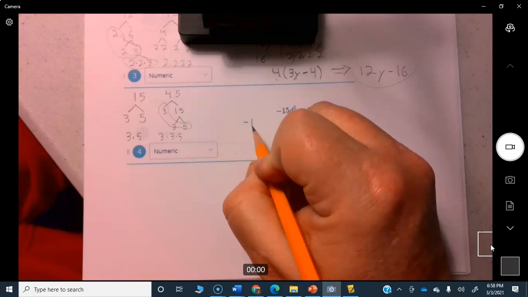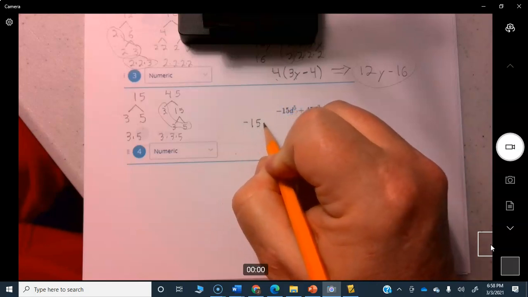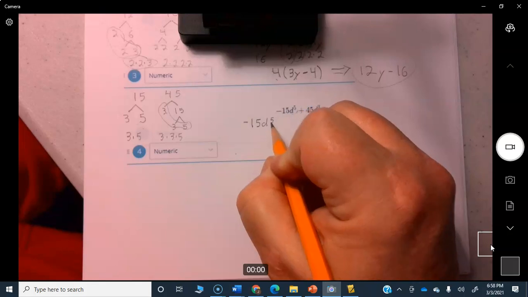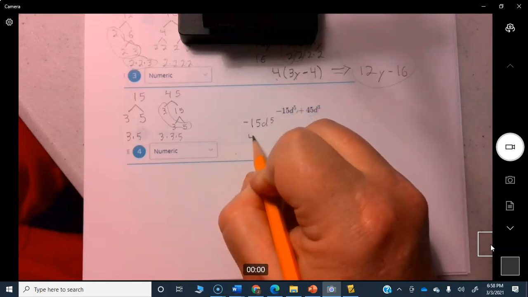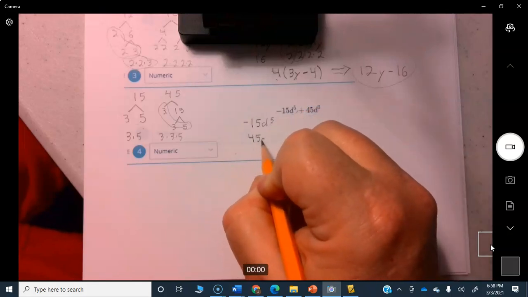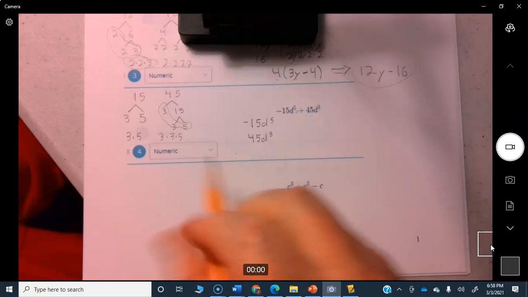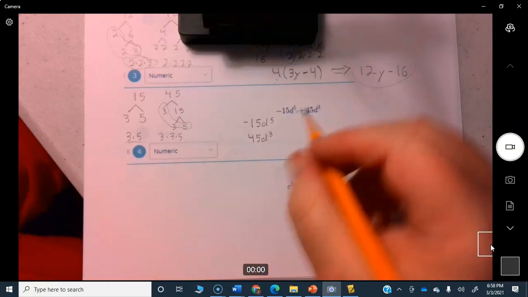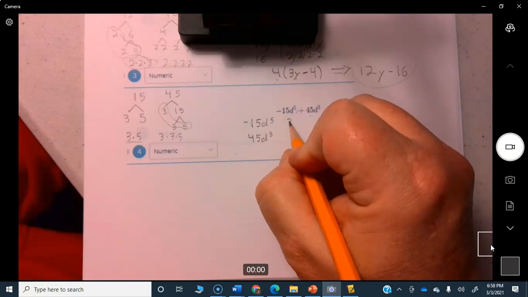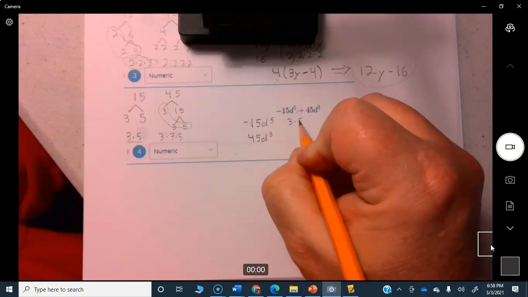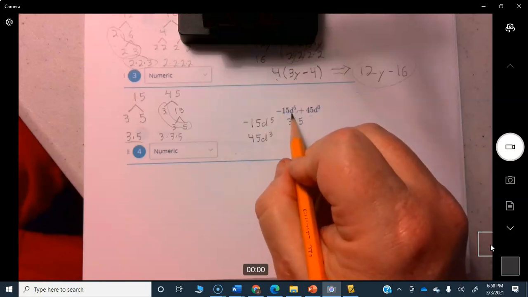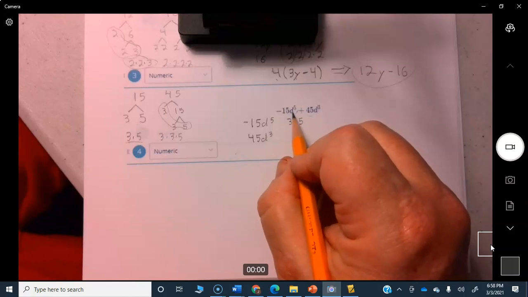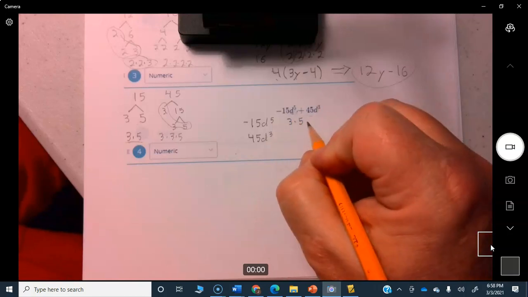So, minus 15 d to the 5th and 45 d to the 3rd. So 15 we said is 3 times 5. And then we have those 5 d's, d times d times d times d times d, so I'm going to put that here.